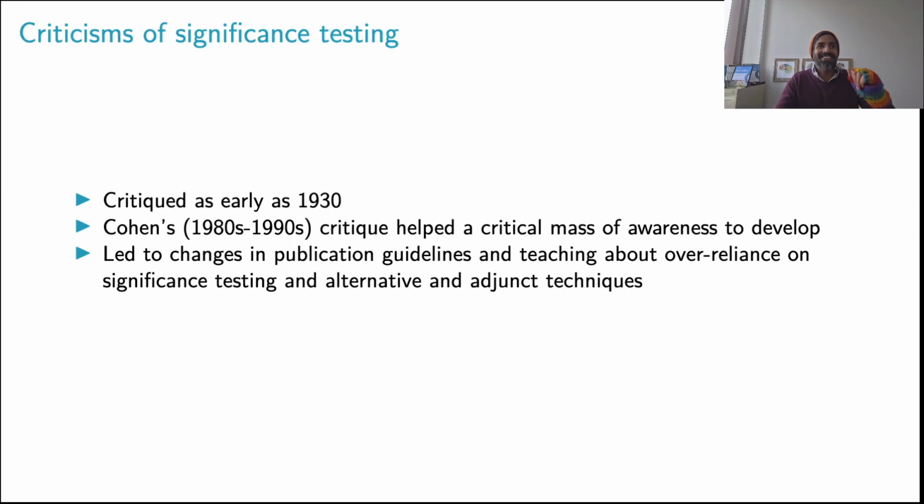So the criticisms, we'll talk more later, but the main criticisms of significance testing: it was critiqued as early as the 1930s. Cohen's critique helped a critical mass of awareness to develop, and it led to changes in publication guidelines and teaching about over-reliance on significance testing and alternative and adjunct techniques. Now, even as you have gone through your degrees, some of the first things that you've probably learned is, what is the p-value?